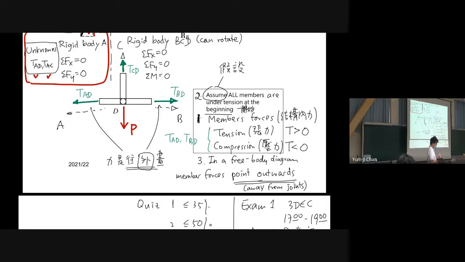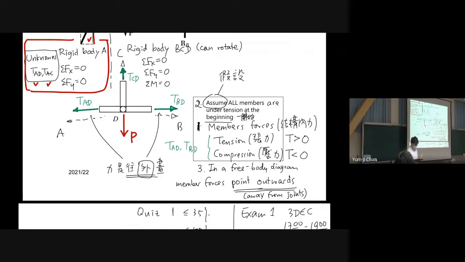Sometimes we know some of the members are in compression. For example, for this problem, sometimes I know this one is in compression, and your seniors would just draw the arrow into the member. Do not do this, okay?